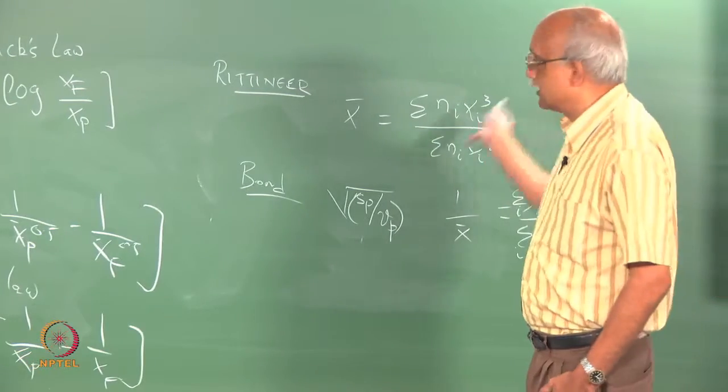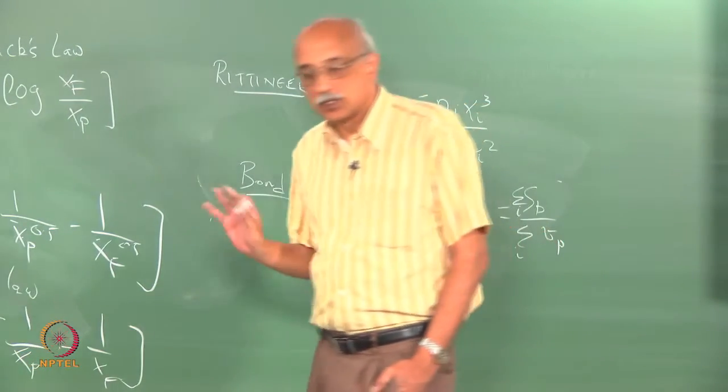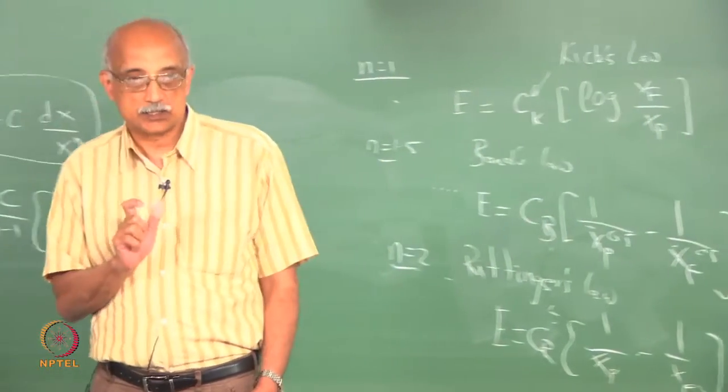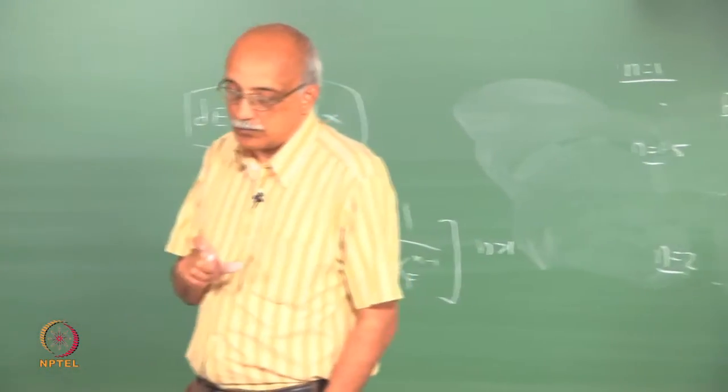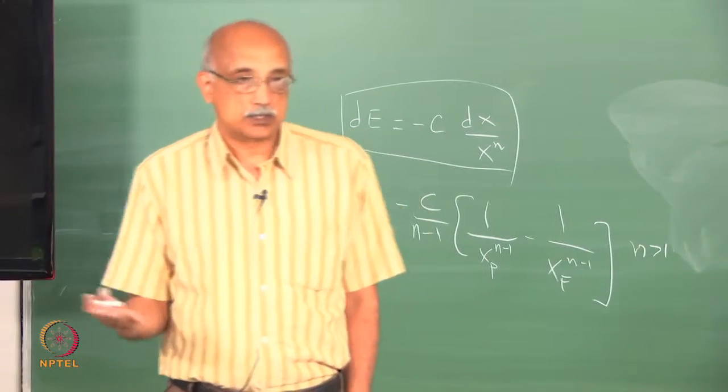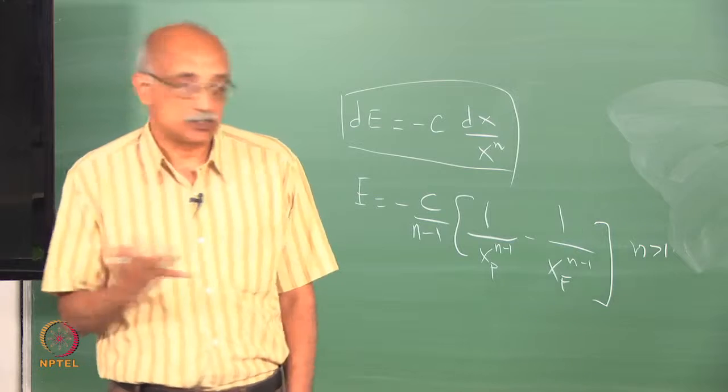So, both the Rittinger's law and the Bond's law pretty much use the same definition of mean particle size, but they postulate a different exponent in the dependency term.